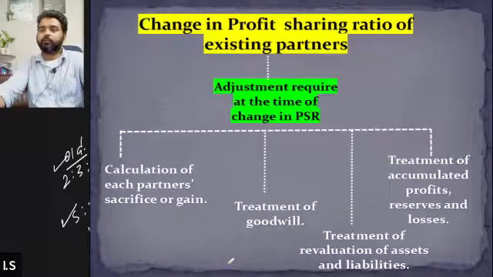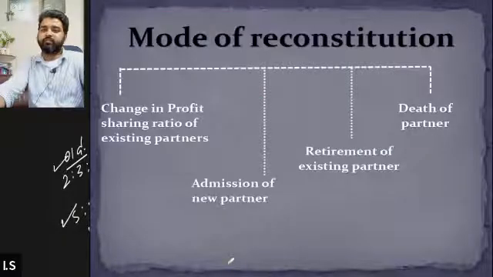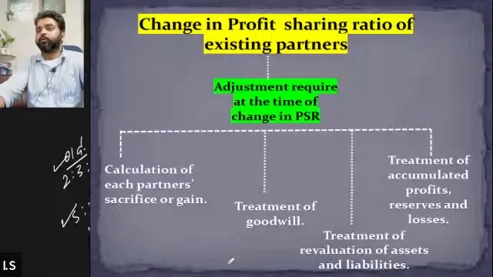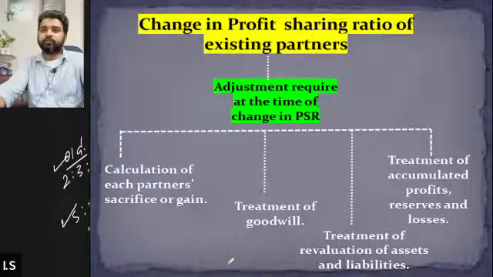So first of all, we will be covering all the four topics related to reconstitution in the upcoming sessions. But in today's class, we will be starting with the first topic, which is change in the profit sharing ratio. So see, whenever there is a change in the profit sharing ratio, such change requires adjustment.